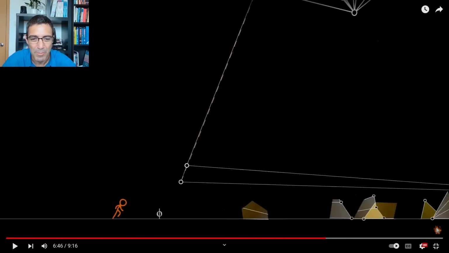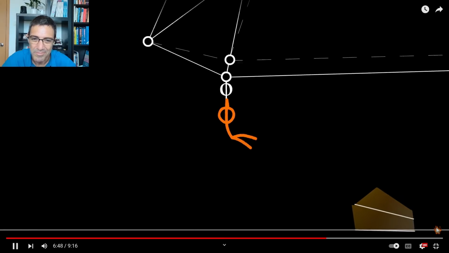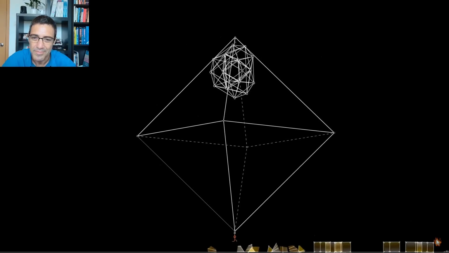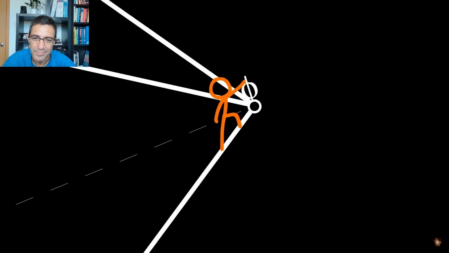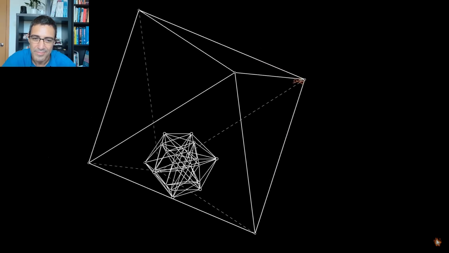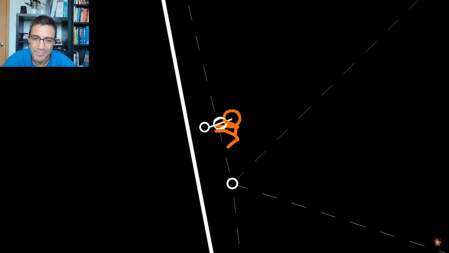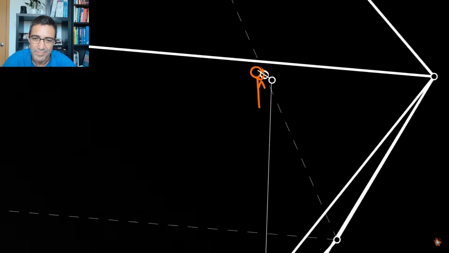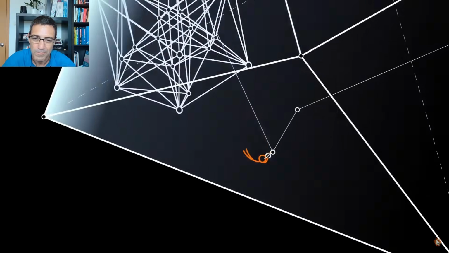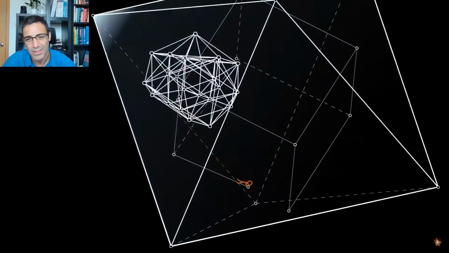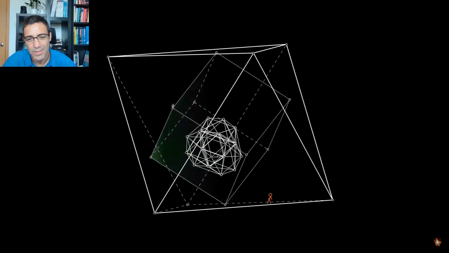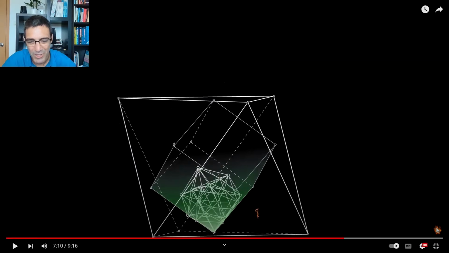So trapping him in a pyramid here, which is a tetrahedron. Trap him in a cube.